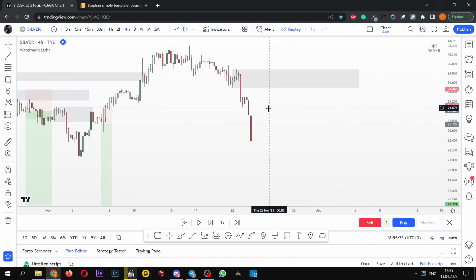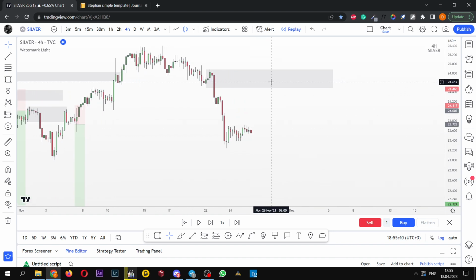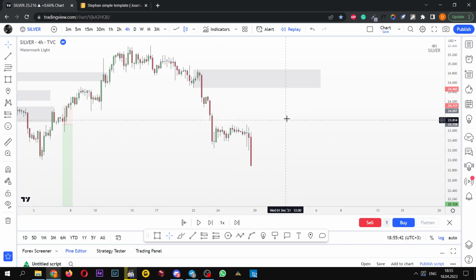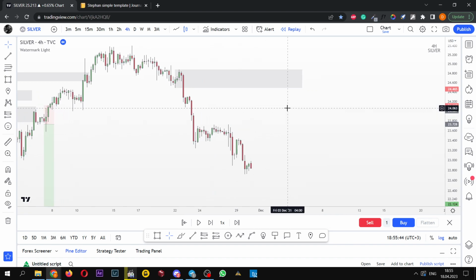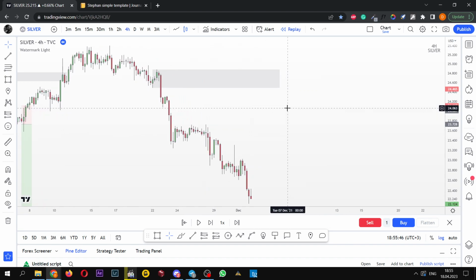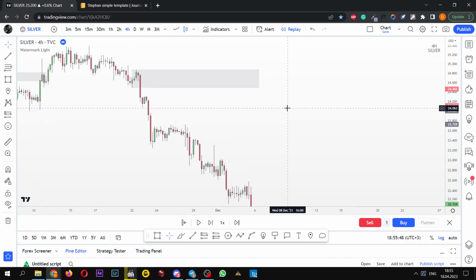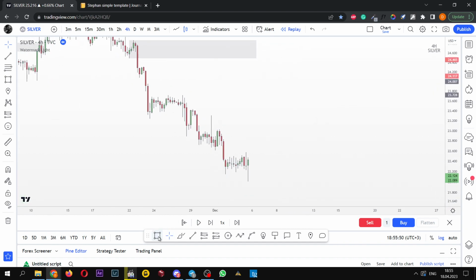And so this one will be the last. Either it breaks impulsively down or gives us an entry there. Another option, okay, one more. Yeah, so possible to follow this one. This one is mitigated.